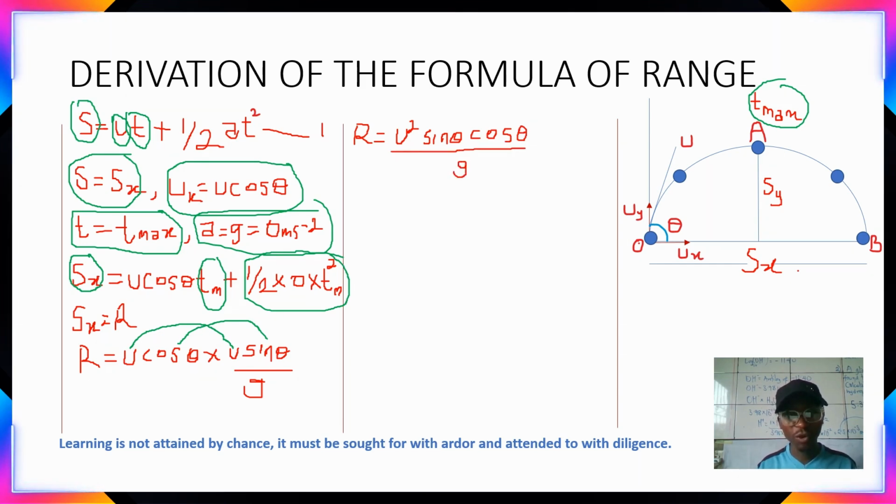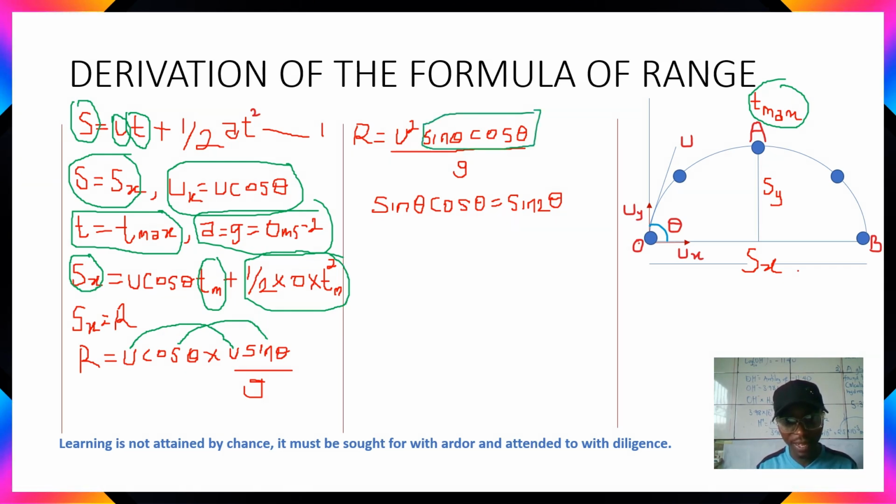Then from trigonometric identities, 2 sine theta cos theta is equal to sine 2 theta. So that implies that we have to substitute sine 2 theta for sine theta cos theta here.